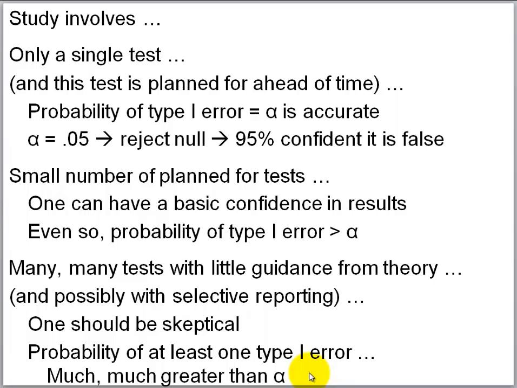So you should be alert to the situation where you're reading about many, many, many different statistical significance tests. You should recognize that just by chance, just by the luck of the draw, some tests will achieve significance. So have some strong degree of skepticism in this situation.